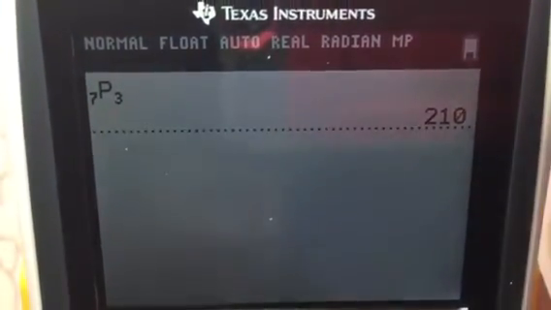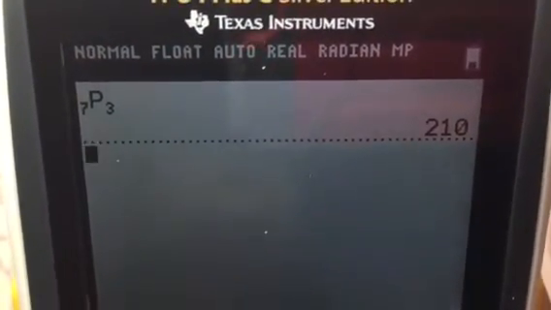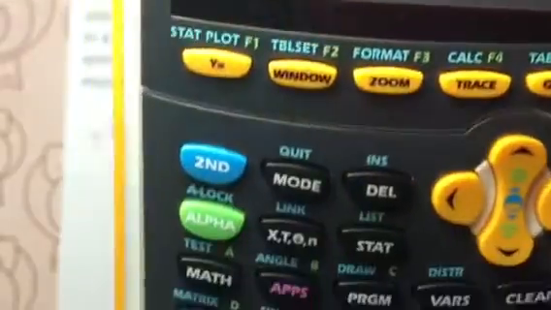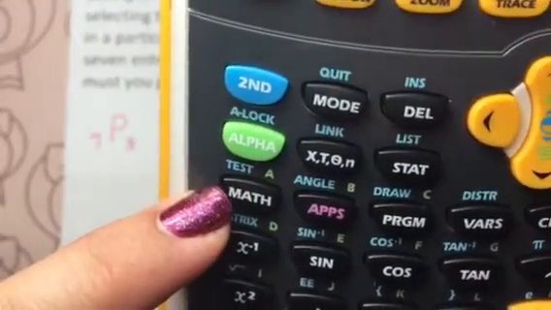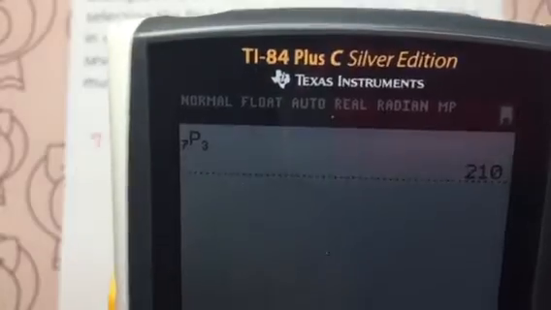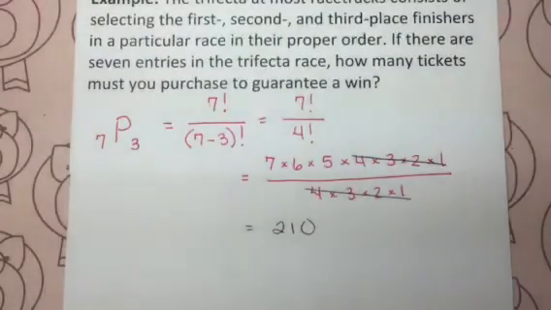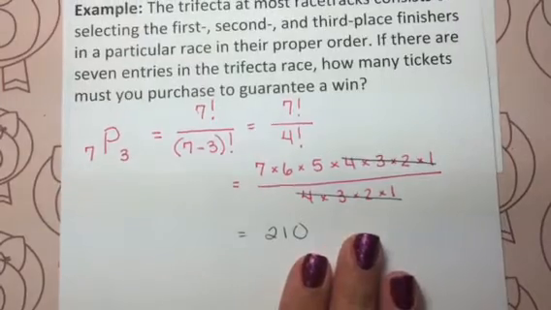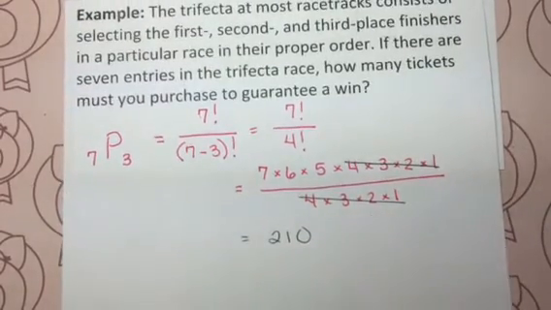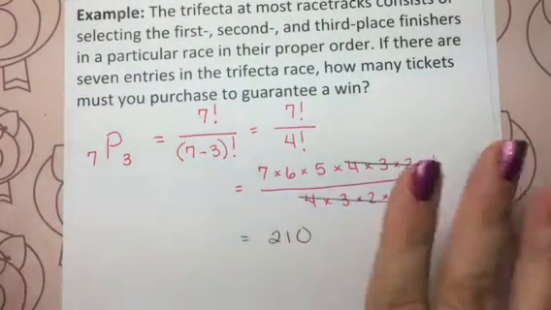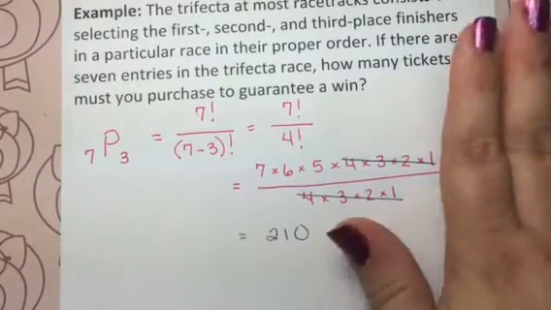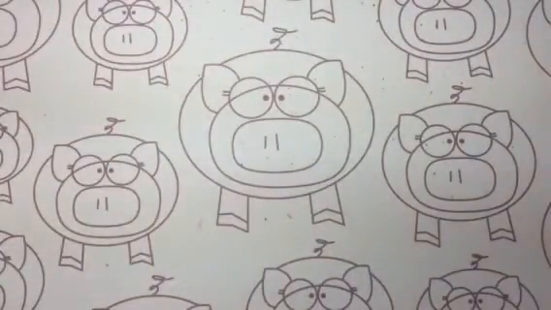And sure enough, what do we get? 7P3 is 210. I'm using the Math button, which is right there. So from here on out, I'm going to be doing all of my calculations on my calculator. I will not be wasting our time doing this by hand. It's great, but we have technology. We use it, right? We have cell phones, so we don't use rotary phones anymore.